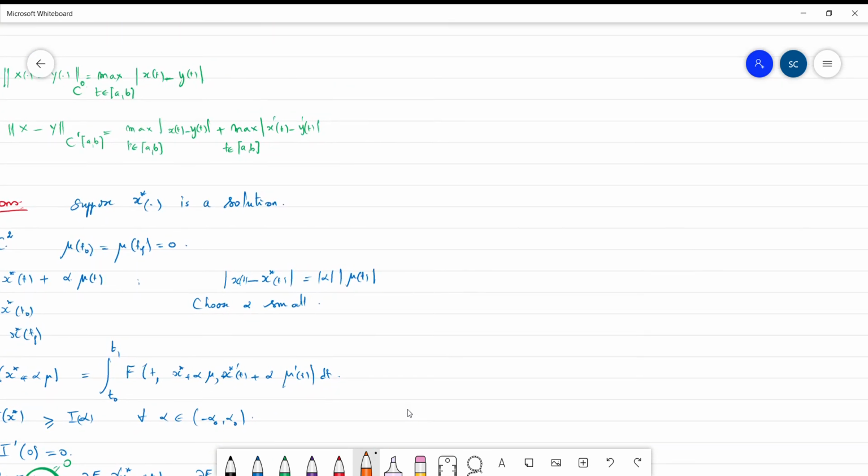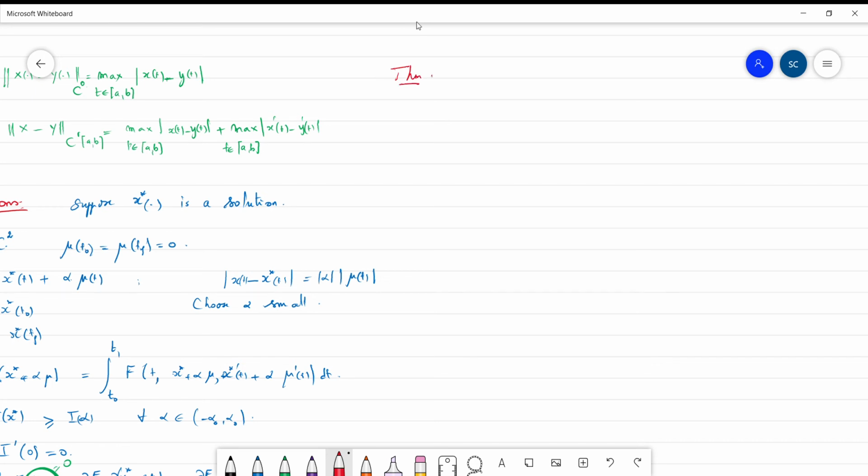So I give here the main theorem for these kinds of problems, which gives us the necessary conditions.